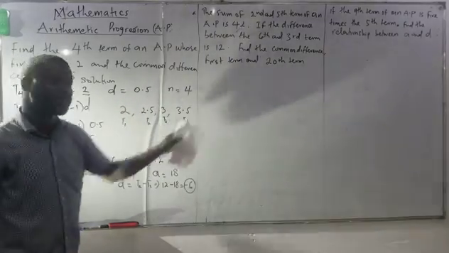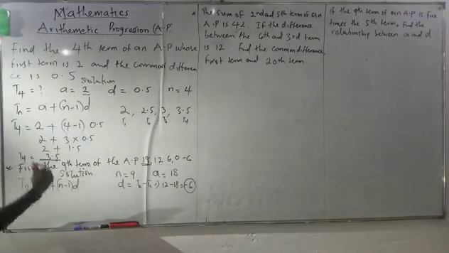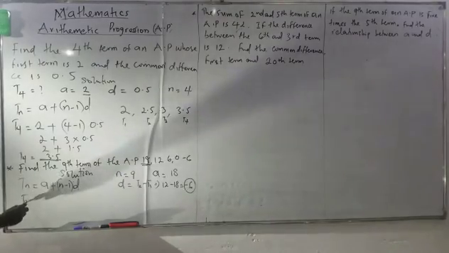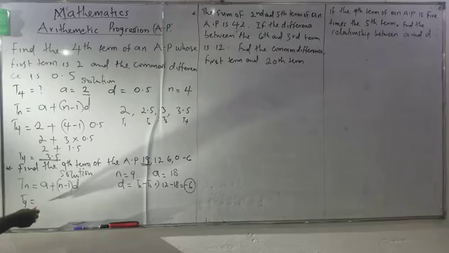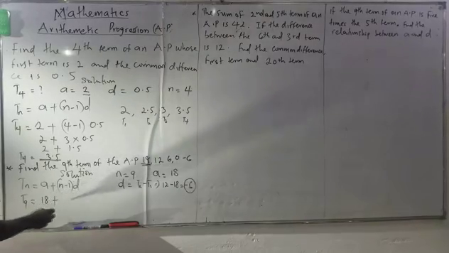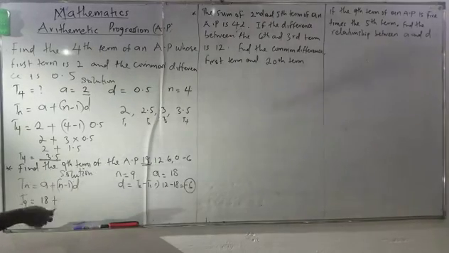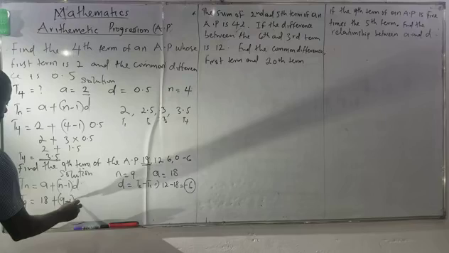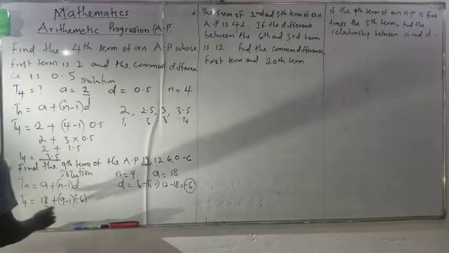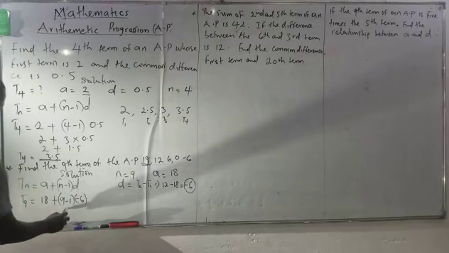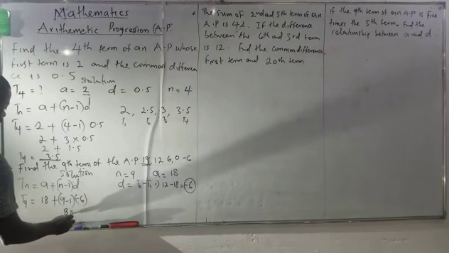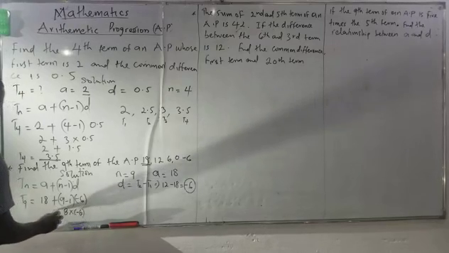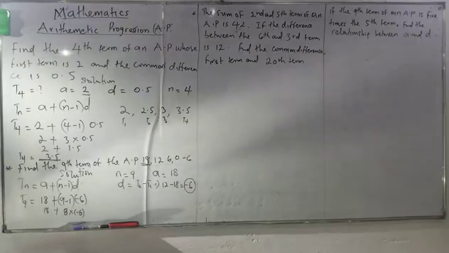It's ascending. Now, for me to move on, I can now say that what? My T of 9 equals to, what's my first term? My first term is 18 plus n, which is going to be what? 9 minus 1 bracket of what? Minus 6. It's put in bracket like this. Now, this one will be 8 multiplied by minus 6 plus 18. Now, which is going to be what?